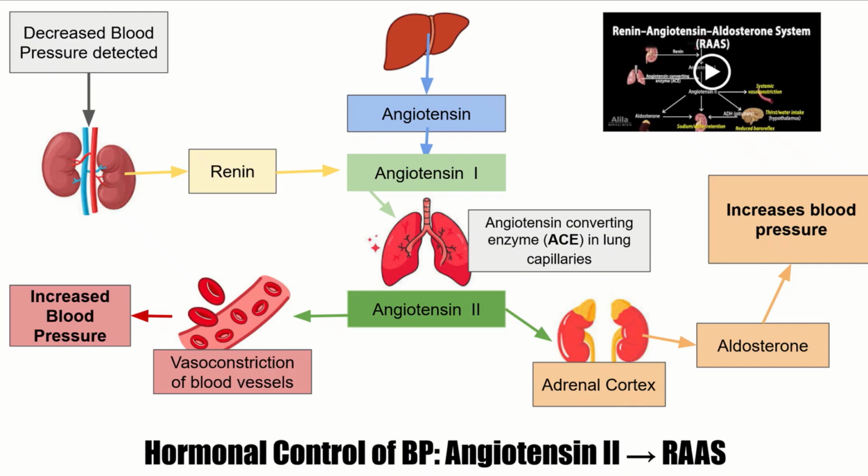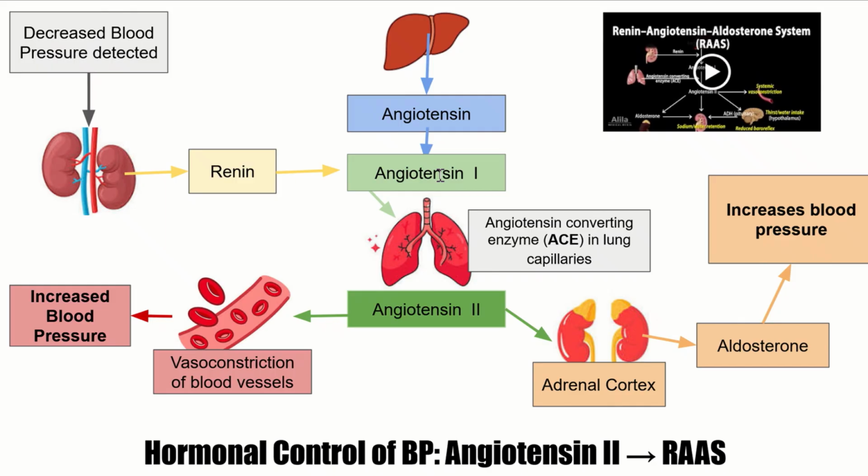Aldosterone is part of RAS and is hormonally regulated, so a decrease in blood pressure is detected by the kidneys, and renin, an enzyme protein produced by the kidneys, is released. Once it makes contact with the liver, angiotensinogen in the liver will be converted into angiotensin 1 by that renin.